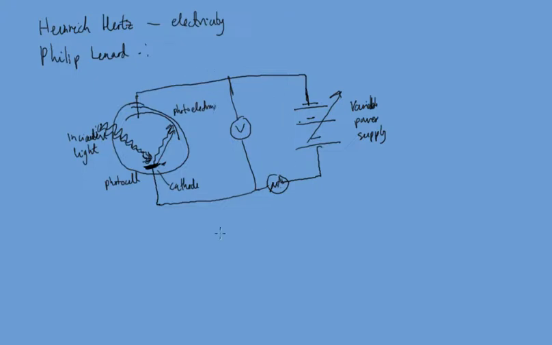And then you get your current flowing, and you can read your current, and you can read your voltage. He was able to measure a range of currents because he chose such a negative setup.